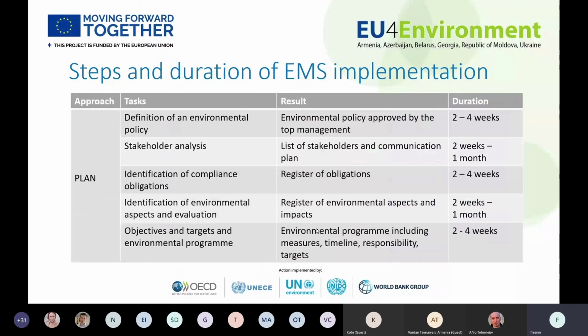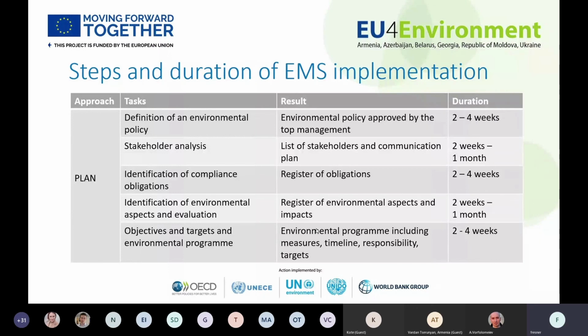Then we have the plan phase, the environmental policy, another 2 to 4 weeks, stakeholder analysis. This is the focus of 1 or 2 meetings with the team, another 2 weeks. Identification of compliance obligations, at least another 2 weeks, unless you are in the good situation like Volga that you have this already compiled.